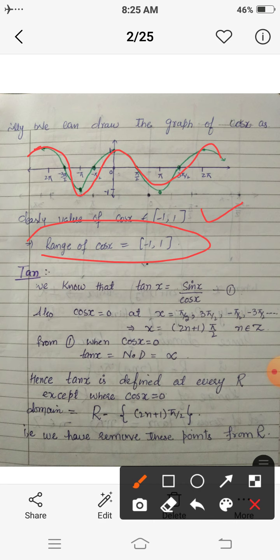Here the zeros of the cos function, meaning the points at which the graph crosses or touches the x-axis, are at pi by 2, 3 pi by 2, 5 pi by 2, and also at minus pi by 2, minus 3 pi by 2. So everywhere we have odd multiples, that is, odd integers. Hence the zeros are odd multiples of pi by 2, whether positive or negative, it doesn't matter.